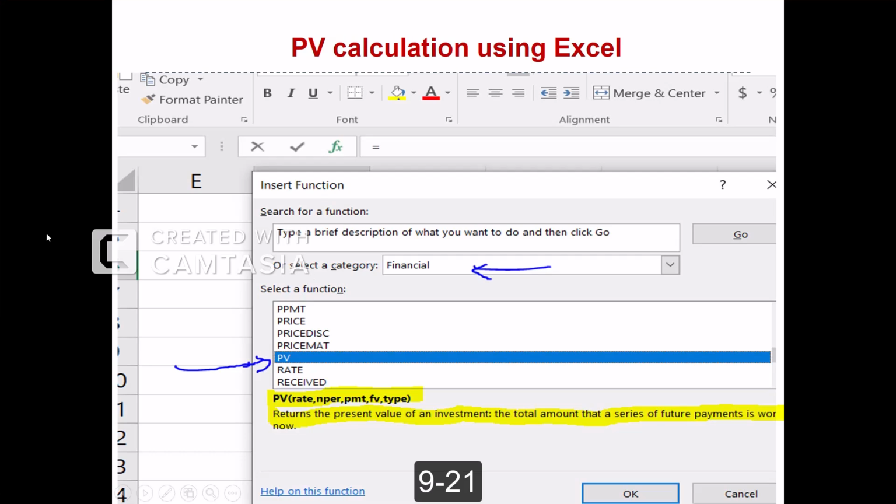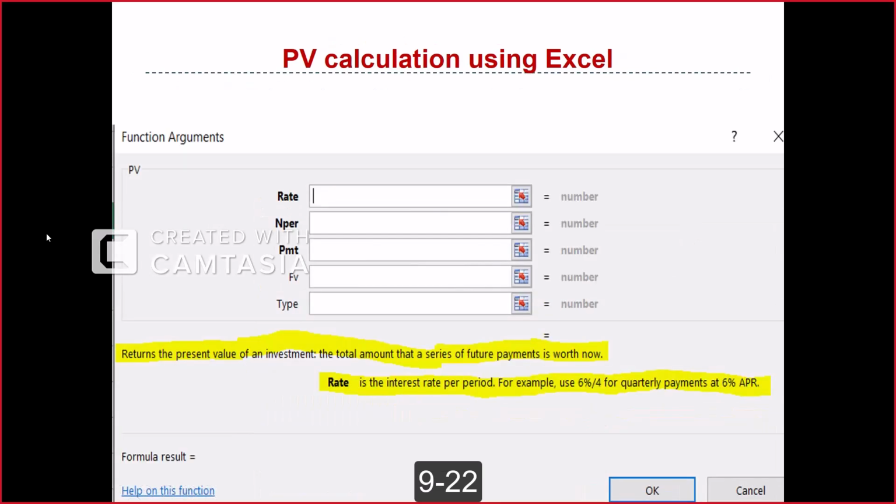When you click on the PV function, this form will show up, and Excel will ask you to enter the rate: 10%, 5%, the present value rate, the discount rate you're going to use to calculate your present value.